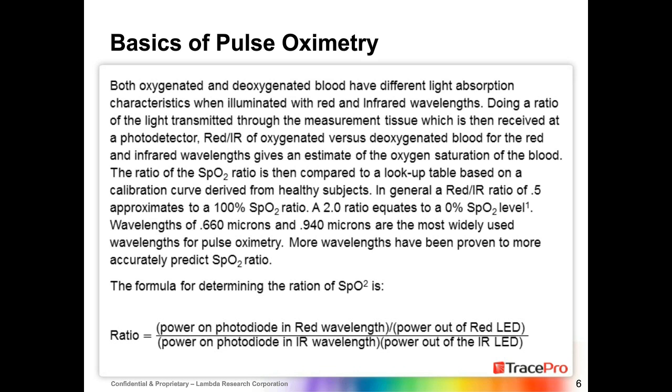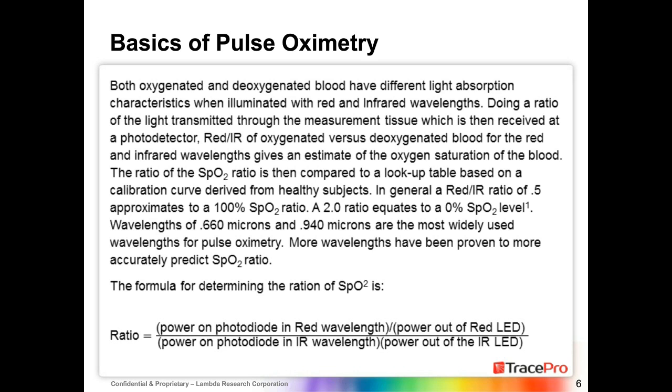Well, first of all, we have to figure out what wavelengths are best for taking this ratio. Through a lot of testing, it's been found that 660 nanometers (0.66 microns) in the red and 0.94 microns in the infrared are the most widely used because they work the best. More wavelengths can be used, and in fact they are used to create some stability in these plot points.